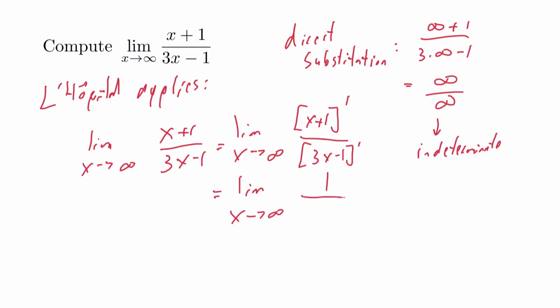So this is 1 over 3, so 1/3. Now, there are other ways we could have gotten this limit. We could have done some algebra on the original equation and gotten 1/3. But L'Hopital's rule is very, very simple, as you can see.